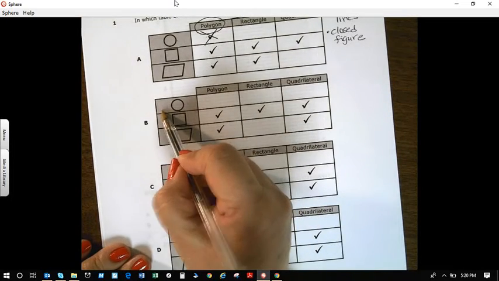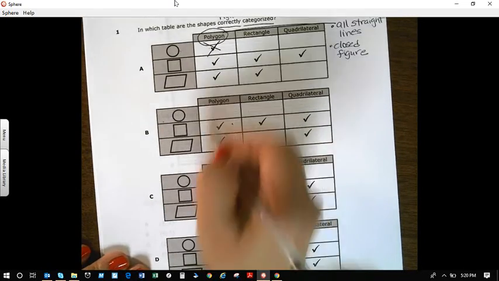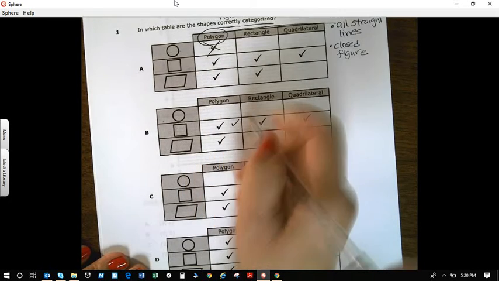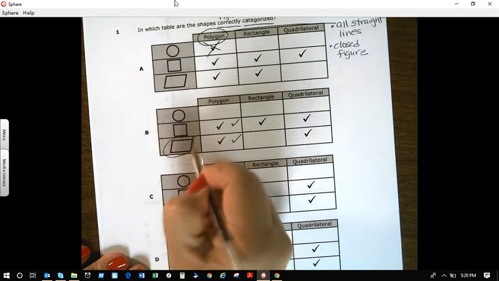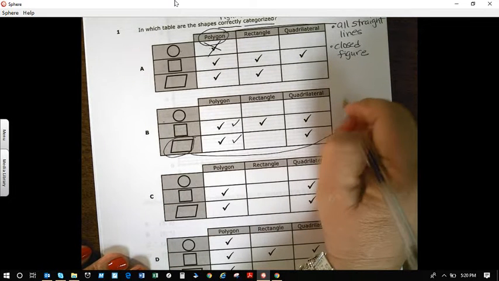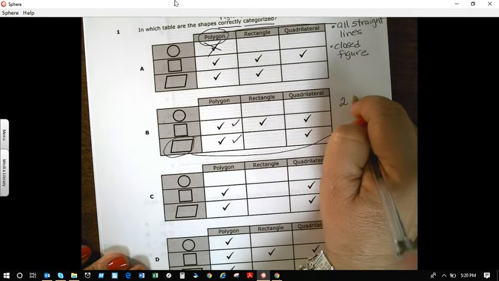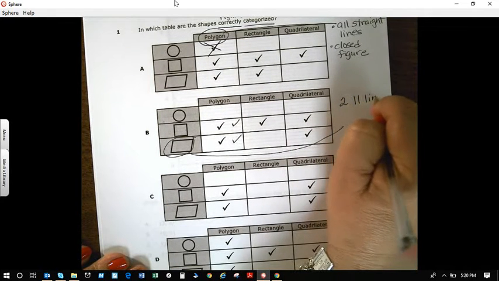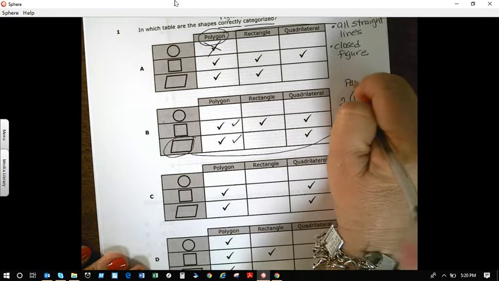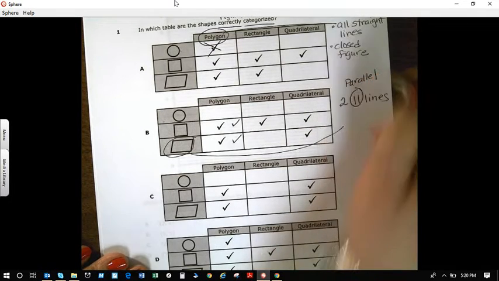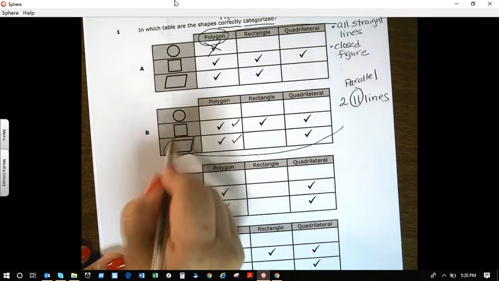Okay, B, polygon. All right, so this is correct so far. Square is a polygon and a parallelogram. Remember, if you forgot what a parallelogram is, it means that it has two parallel lines. This means parallel. That's two sets, 1, 2.